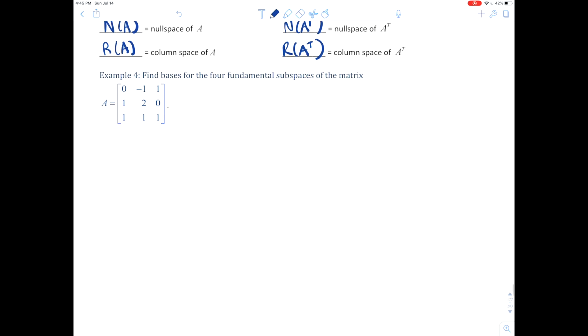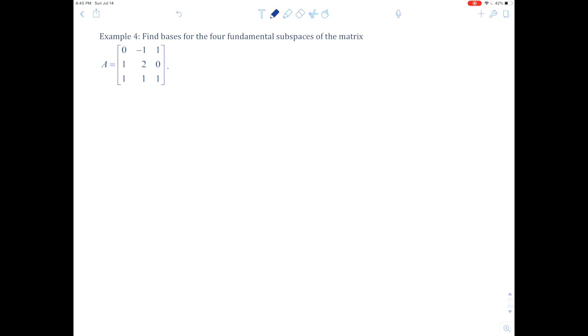So here we go. Let's find bases for the 4 fundamental subspaces of the matrix. So for A equal to this matrix here, let's find our reduced row echelon form. The RREF of A was equal to 1, 0, 2, 0, 1, negative 1, and what? 0, 0, 0.